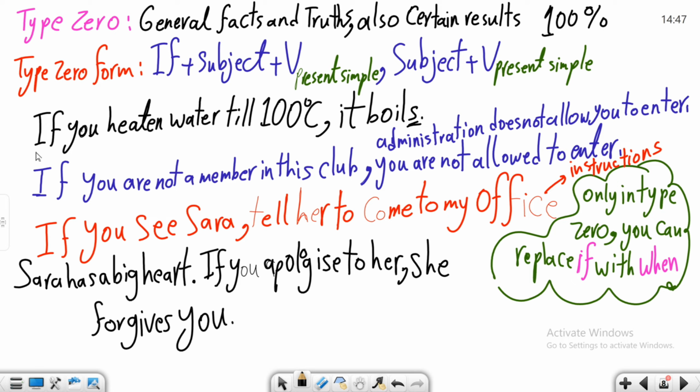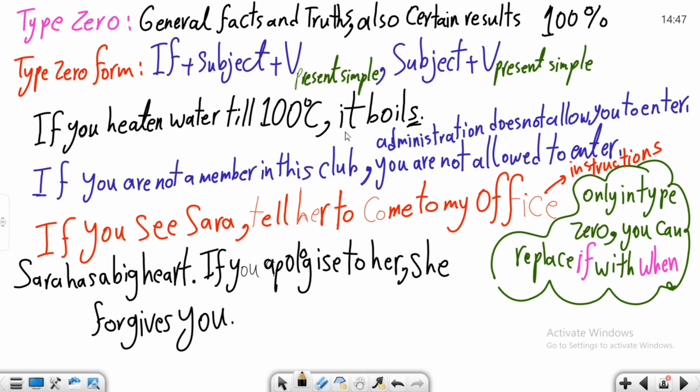First example: if you heat water to 100 Celsius degrees, it boils. Here, my friends, we have a general fact that tells you that there is a condition, which is heating water until 100 Celsius degrees, and the result of this statement will be the water boiling.